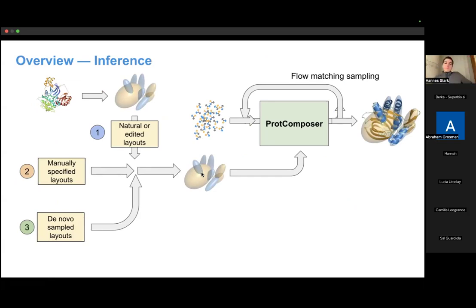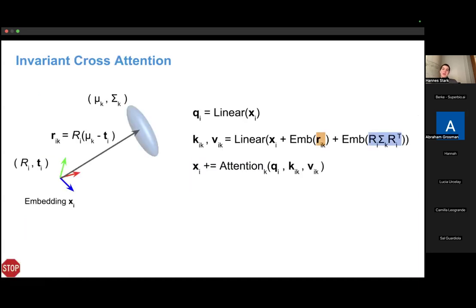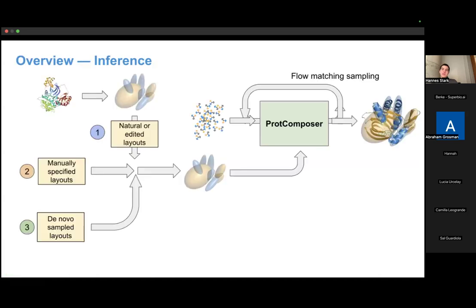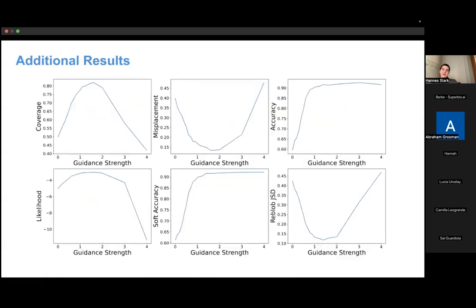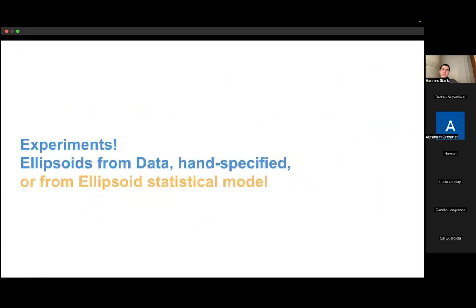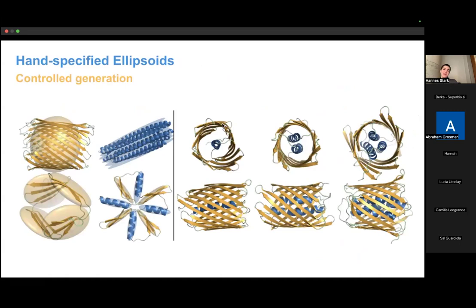Well, you could have the scenario in which you have two ellipsoids where one ellipsoid is completely within another ellipsoid, and this is still a completely valid ellipsoid layout. And one situation in which you will have this is, where are my beta barrels? Here, right?